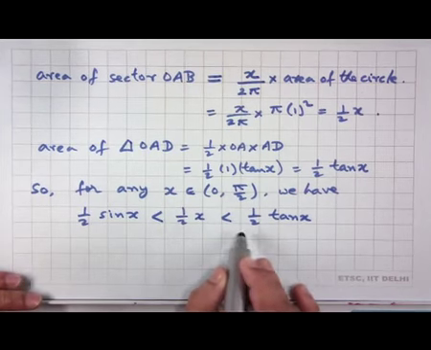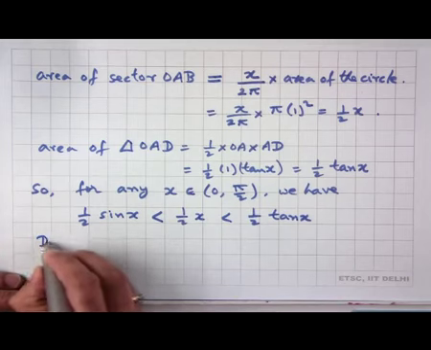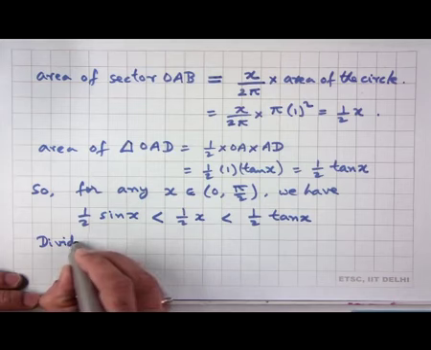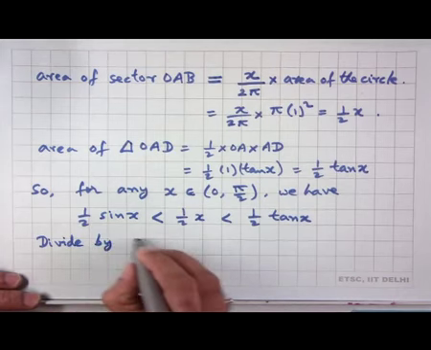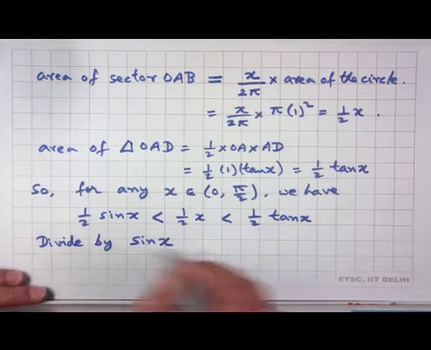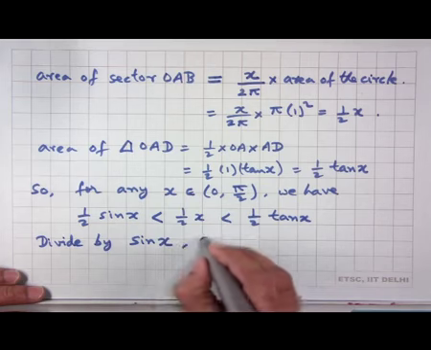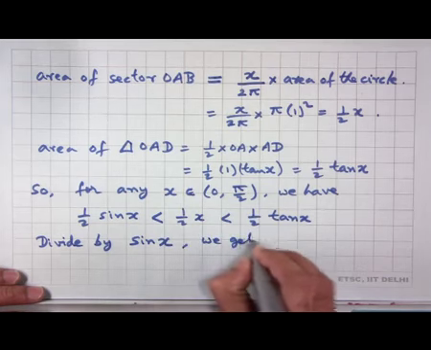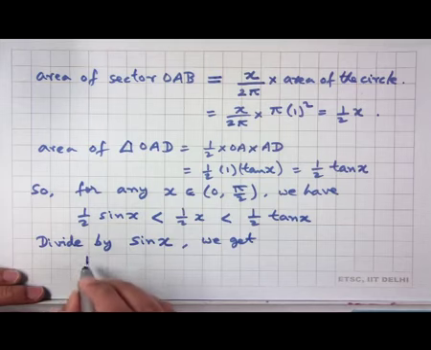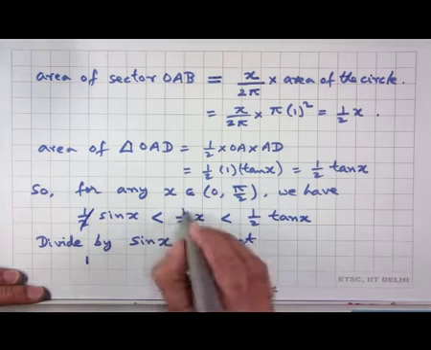Now, what we do is that we divide throughout by sin x. If x is between 0 and pi by 2, sin x is positive. So, first let me cancel this half from each of these.